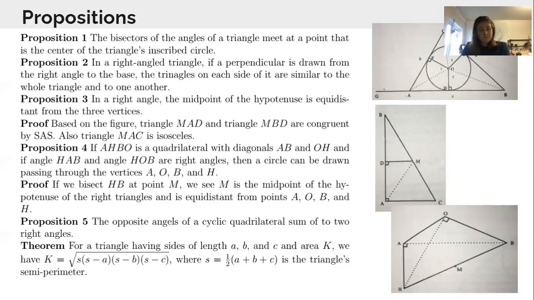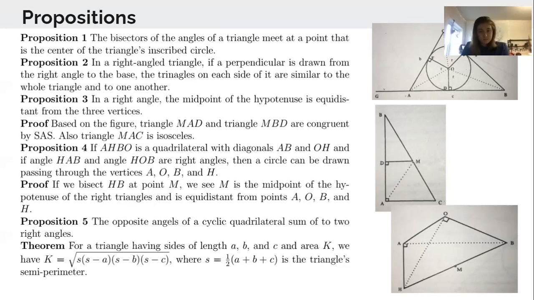Okay. Proposition 3 is in a right angle, the midpoint of the hypotenuse is equidistant from its 3 vertices. Again, second picture, because M is the midpoint of the hypotenuse, we get to see that M is actually equidistant from point C, point A, and point B. Does that make sense so far? Okay.